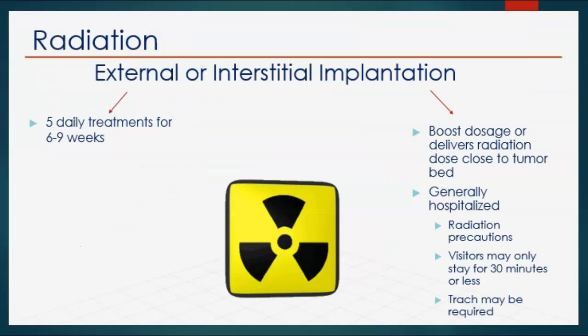So radiation. External or interstitial implantation. So if you look on page 1081 in your book, and I'm going to get there as well. External radiation, if you've never been around someone who's had external radiation, let's say they do have a tongue lesion.